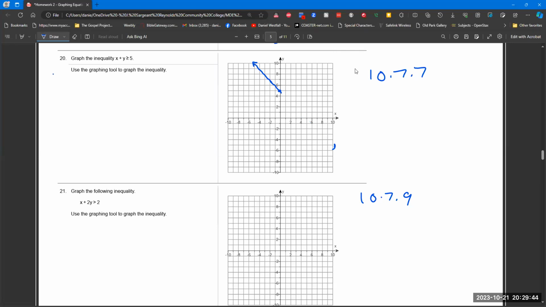I guess I can't undo. Got too close to the line I drew, sorry. And so I'm going to shade on the other side of the line.